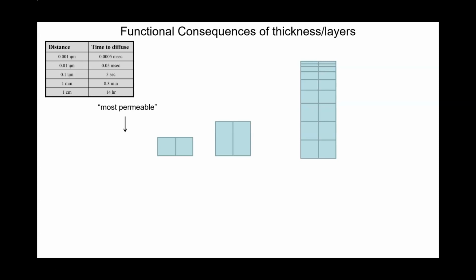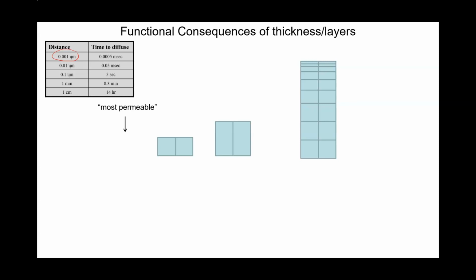Let's take a look at this in the context of diffusion. Remember, diffusion is the movement of a substance from an area of high concentration to an area of low concentration, and it doesn't involve the cell being active. It's simply powered by molecular movement inherent in the molecule. You can see here some hypothetical times that it would take the average molecule to move a certain distance. At 1/1000th of a micron, it takes 0.0005 milliseconds for something to diffuse.